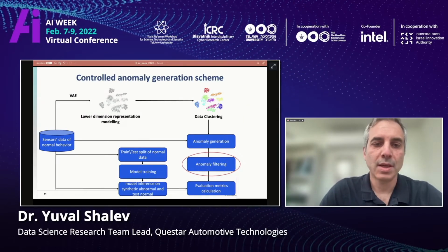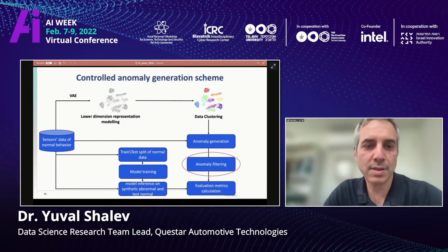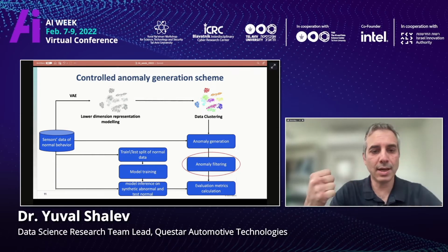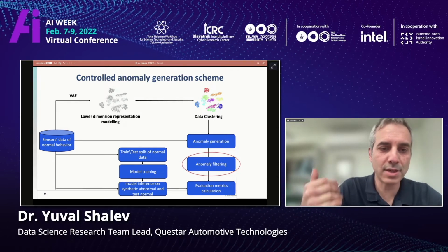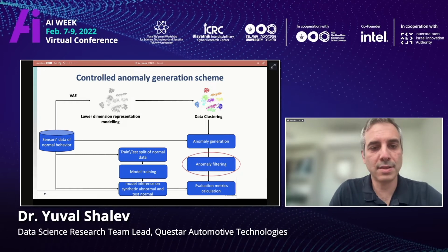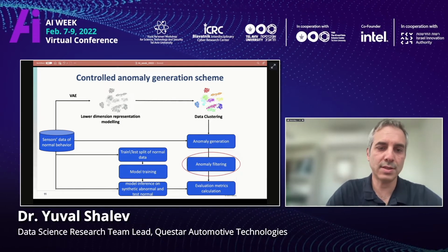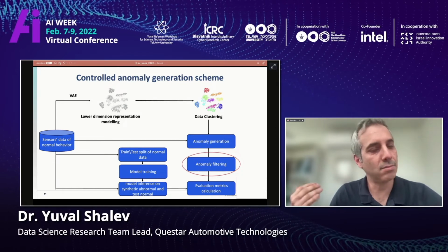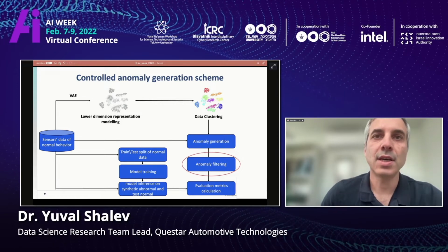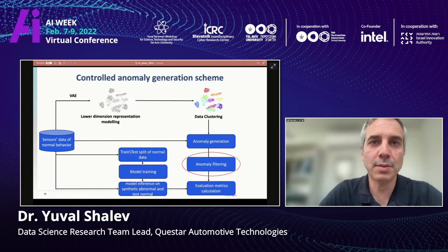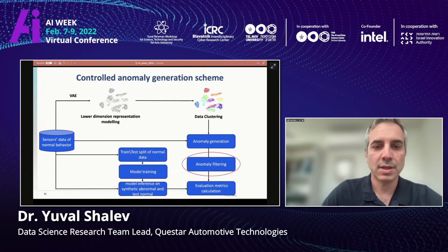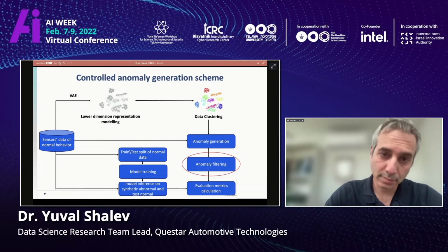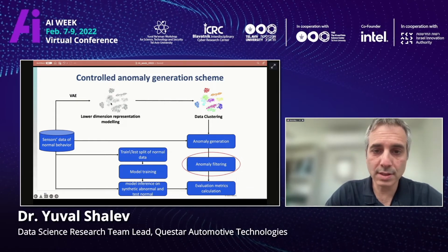For this reason we use the variational autoencoder. So we reduce the dimensions of the ingested points. For instance, if we ingest an input of length 100 and we have 40 features, so we have 4,000 points, we reduce the representation of these 4,000 points to a much lower dimension.